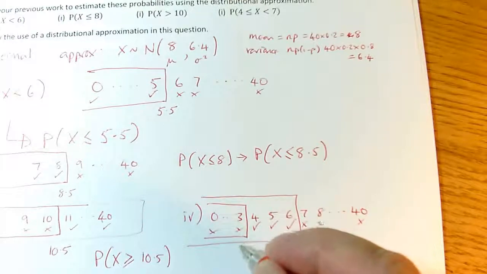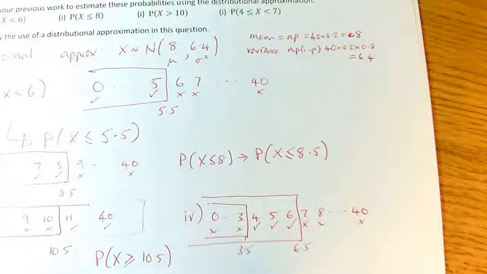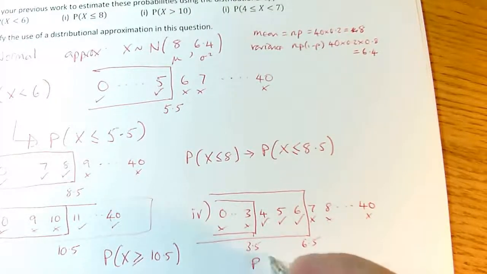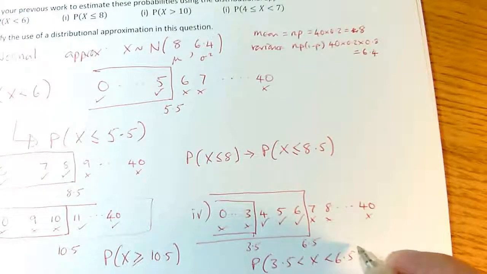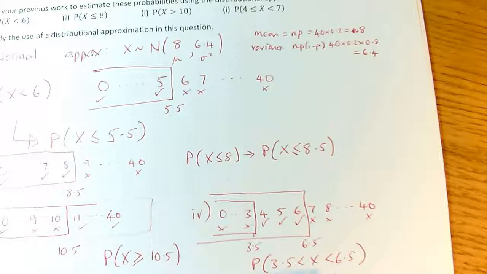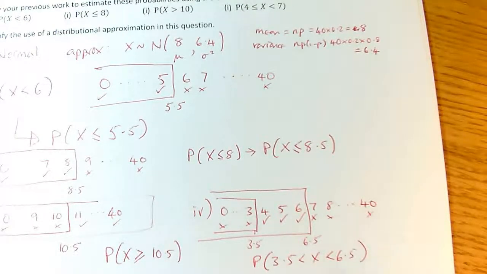Between 3 and 4, this is 3.5. So we've got cutoff values of 6.5 and 3.5, and the probability we want is the probability of 3.5 being less than x being less than 6.5. That's the continuity correction. You could have less than or equal to's on these, but this time I'm not going to put them on because it doesn't matter for a normal. So that's part B.